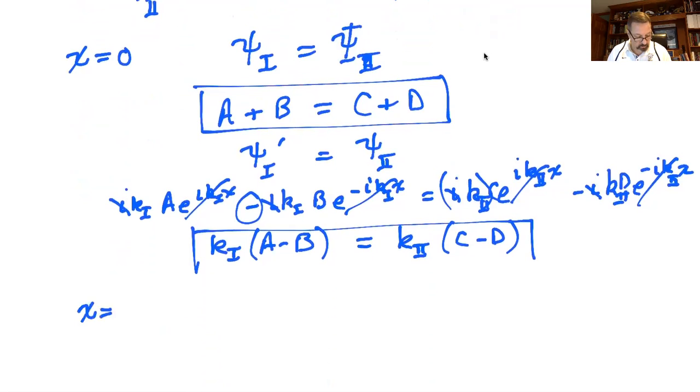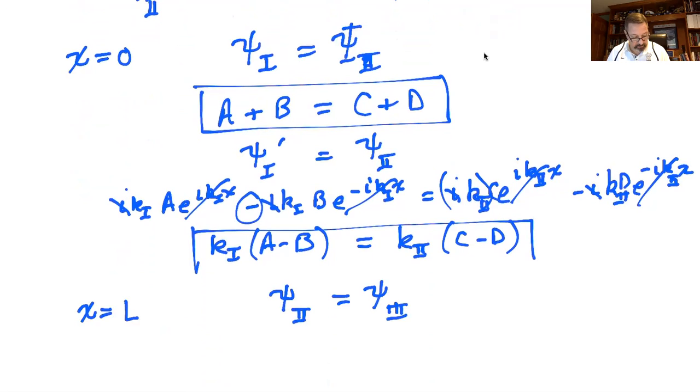x equal to L. Same thing has to be true, right? Psi 1. Well, no, psi 1 isn't at x equal to L. Psi 2 and psi 3 meet up at x equal to L. So those guys have to be equal.